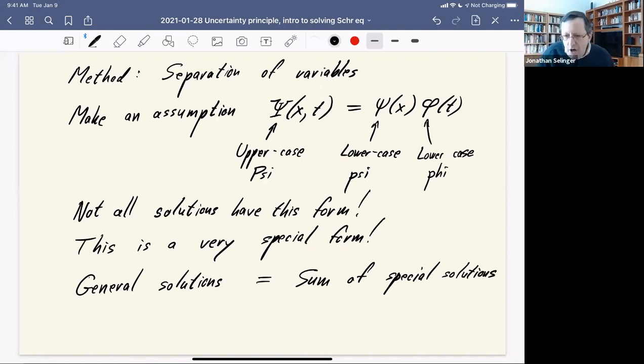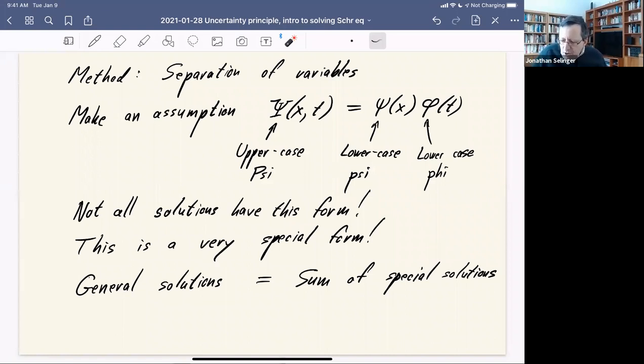So I'm going to search for this kind of special solution, and I'll find not just one, but lots of special solutions, a whole family of many, many special solutions.